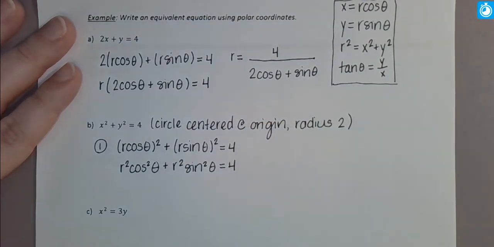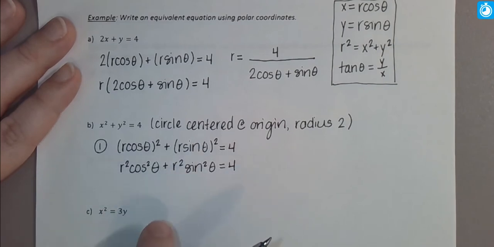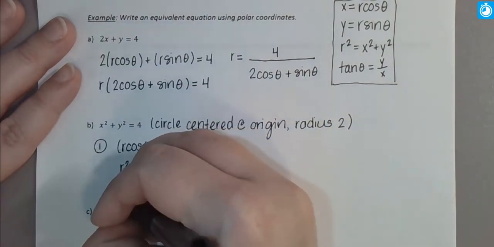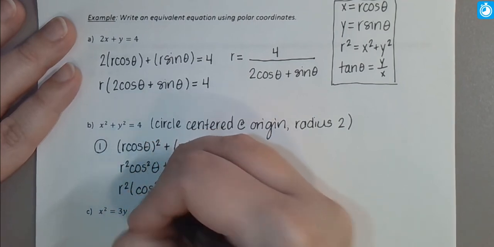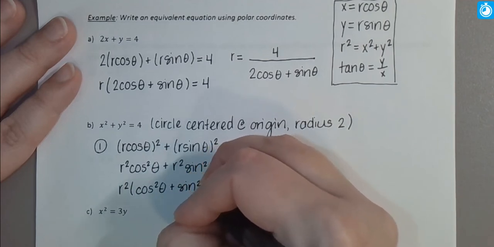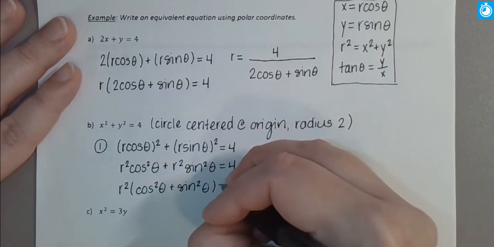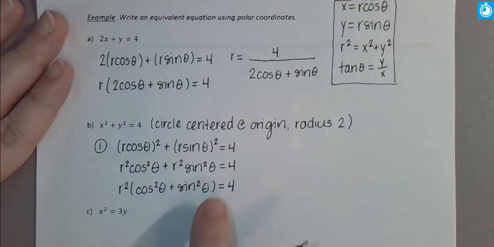Again, the goal is to isolate r. Just like the previous example, I notice I have an r squared in common, so I'm going to factor it out. I'm left with cosine squared plus sine squared of theta, times r squared, equal to 4. Technically I could divide this factor out, but I don't actually have to.